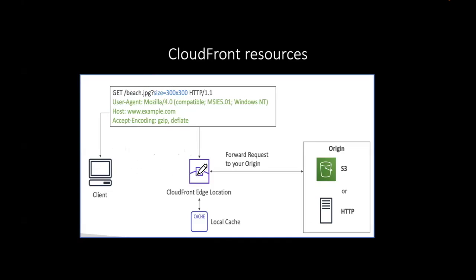That request will be routed to the nearest edge location server to this client. It'll check the cache. If it has it, it'll serve it. If not, it goes back to the origin, which is our S3 bucket, or, as I'll explain in a minute, it could be some other type of HTTP origin as well, like an API gateway.